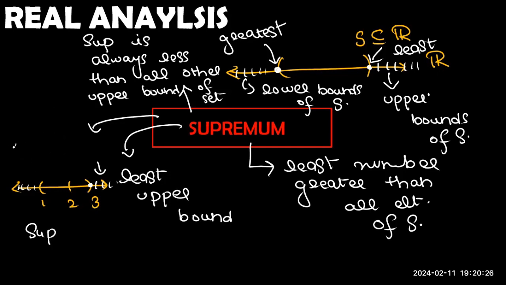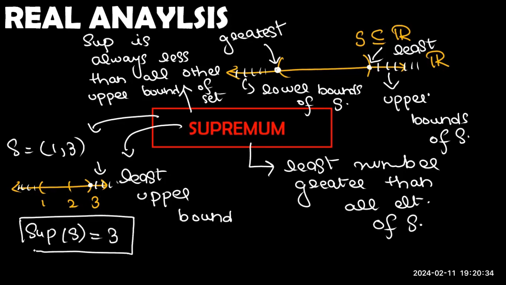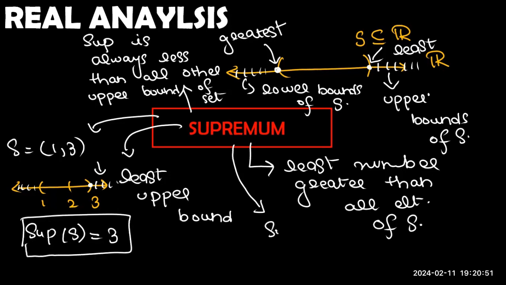The supremum of this S is equal to 3 because it is the least upper bound of S. So from here you can see that the supremum may or may not belong to the set. It is not necessary that the supremum does not belong to the set. The supremum may or may not belong to the set.